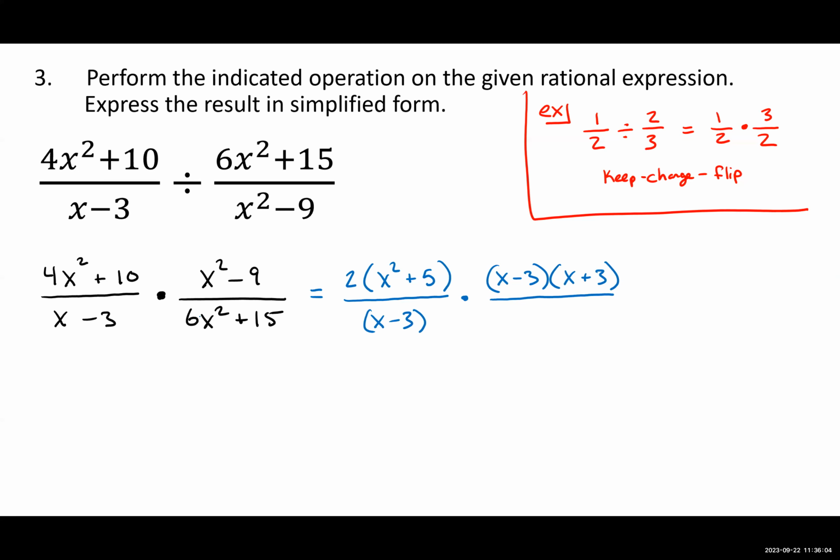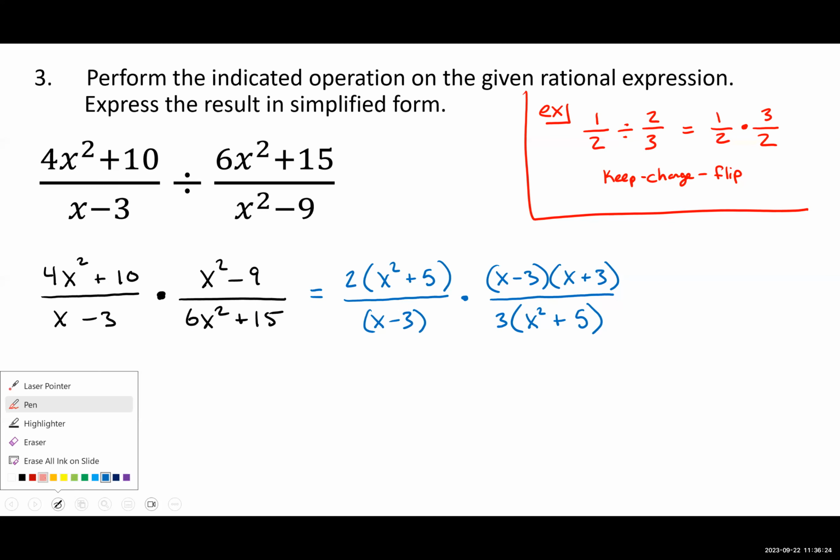And on the bottom of the fraction on the right, we could factor out a 3. And that'll leave us x squared plus 5. X squared plus 5 again. All right, so now we could start canceling. So got an x squared plus 5 on top, x squared plus 5 on the bottom. They cancel.